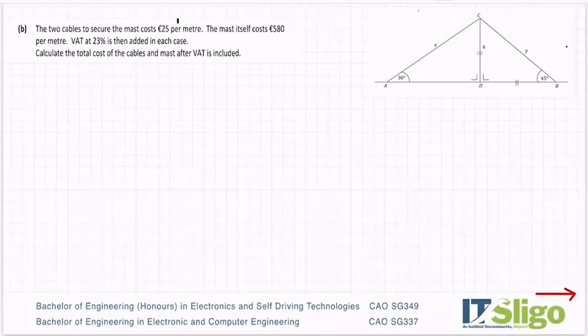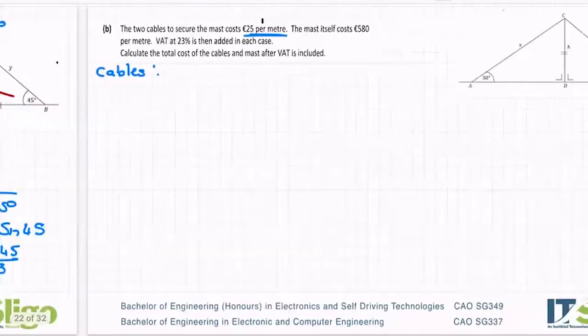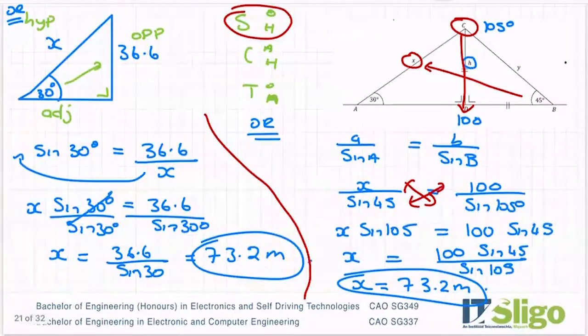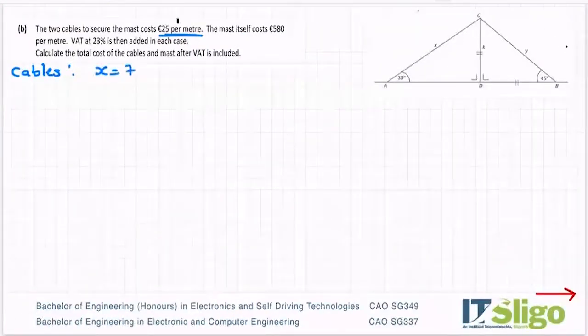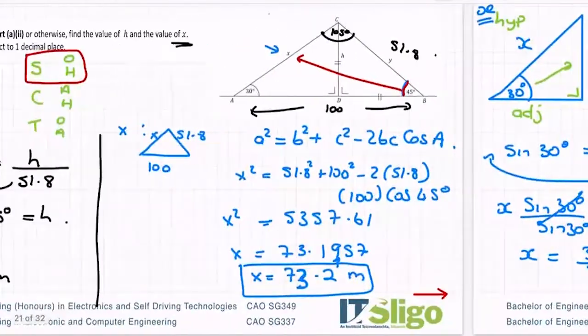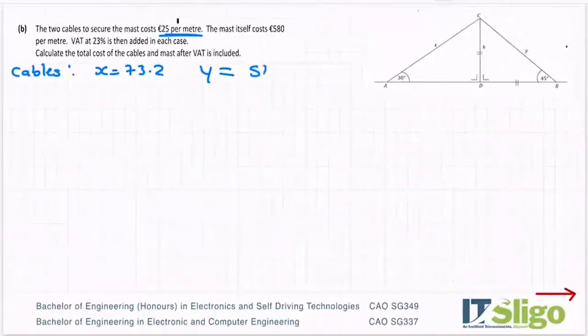The two cables to secure the mast cost 25 euros per metre. So let's work with the cables first. What length were these cables? X was 73.2 and Y was 51.8.